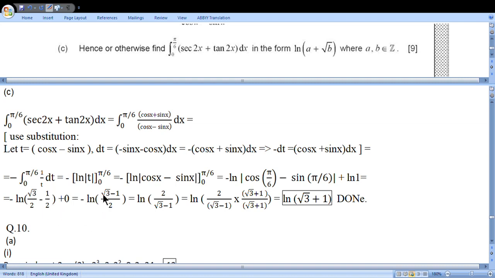So minus of this expression, we invert the numerator and denominator, top and bottom values, and then we multiply by square root of 3 plus 1 to simplify. So in the numerator we get 3 minus 1, which is 2. The 2 and 2 simplify, and we get this expression as expected.